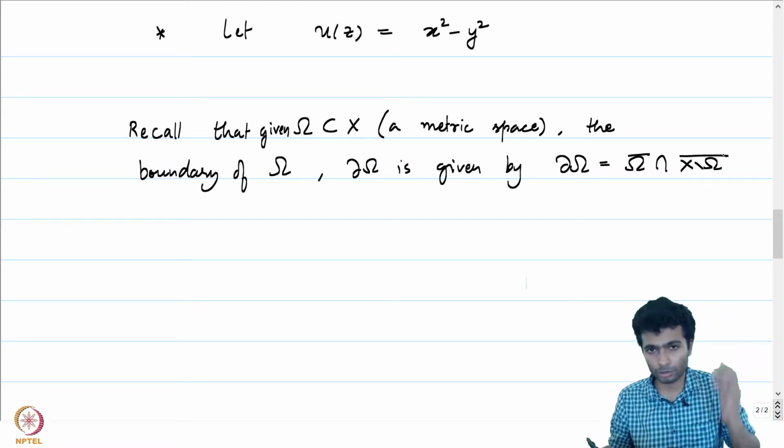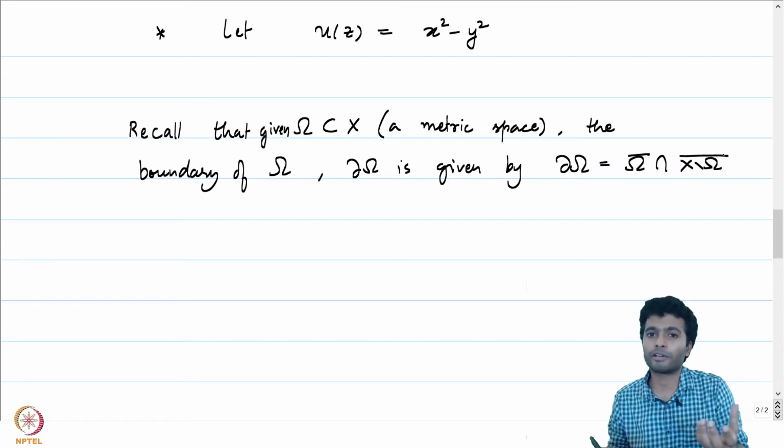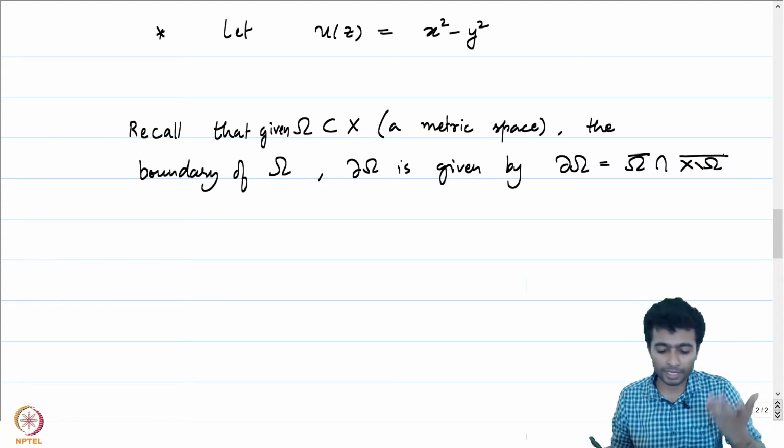So if you intersect the closure of omega with the closure of the complement, whatever we get is the boundary. So the standard examples are there.